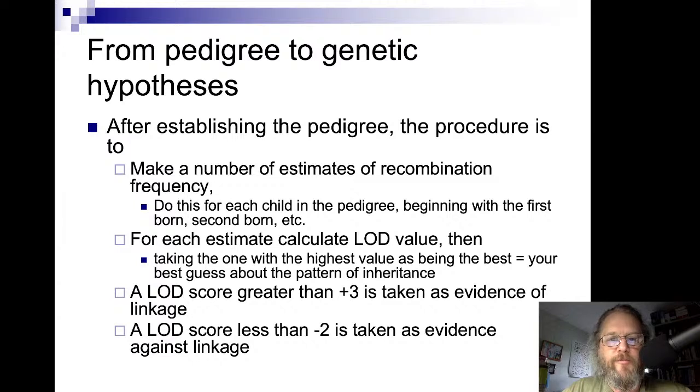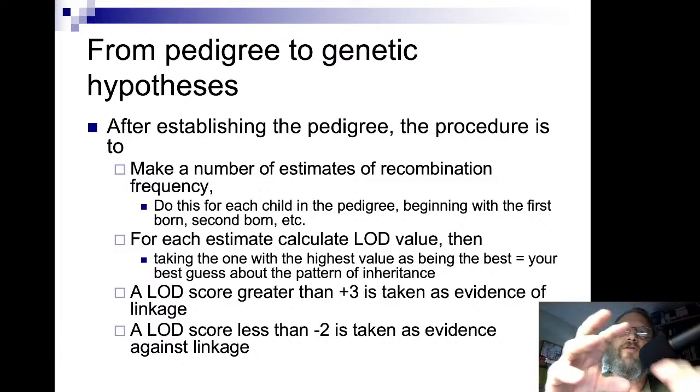Okay, so from pedigree to genetic hypothesis. After you've got the pedigree, the procedure is to make a number of estimates of the recombination frequency. You do this for each child, beginning with the firstborn, secondborn, etc. And then you take that and you calculate a LOD value, given all of those probabilities, and they add up and give you a pattern of inheritance.